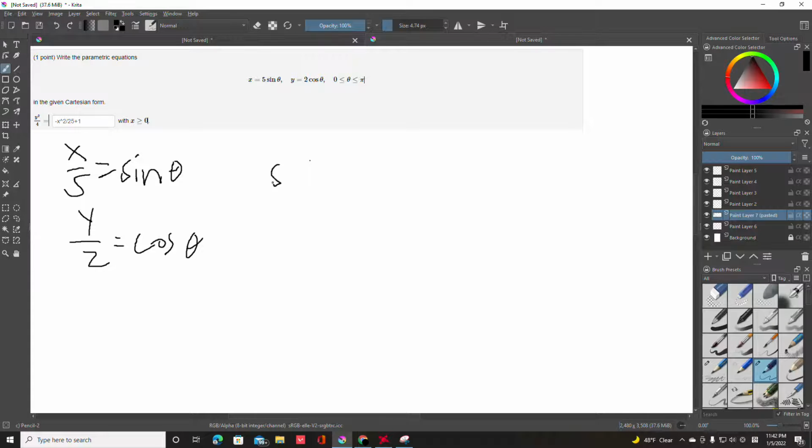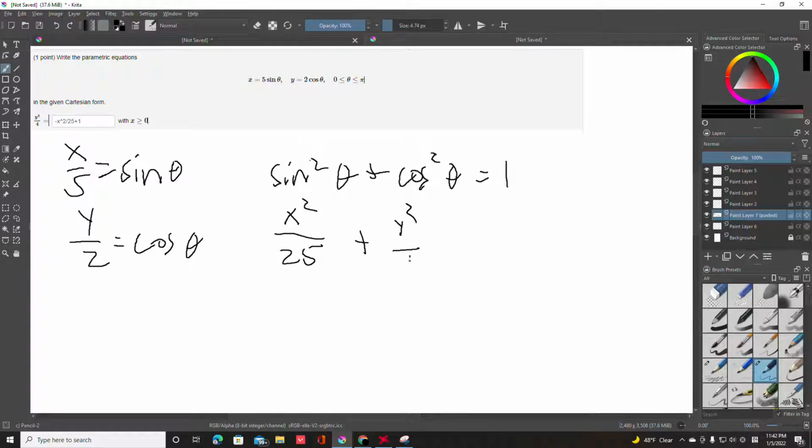Now we have to use sine squared theta plus cosine squared theta is equal to 1. This is the Pythagorean identity. Since sine of theta is equal to x over 5, we know that x squared over 25 plus y squared over 4 is equal to sine squared plus cosine squared, and then this would just all equal 1.